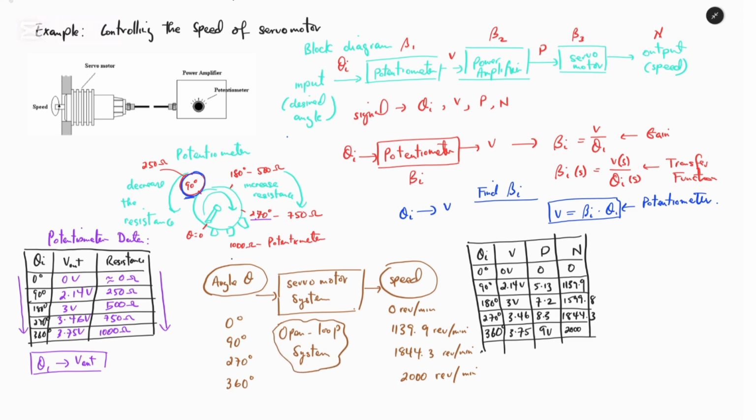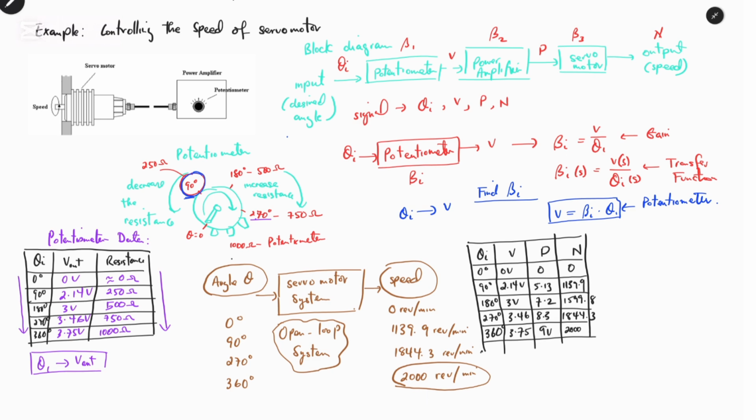Even though we have some disturbance, such as heat in the system or any voltage uncertainty in the servo motor, those parameters will affect the output speed. For example, if heat is generated in the system, this heat can represent the loss of energy, and the loss of energy can decrease the performance of the output.